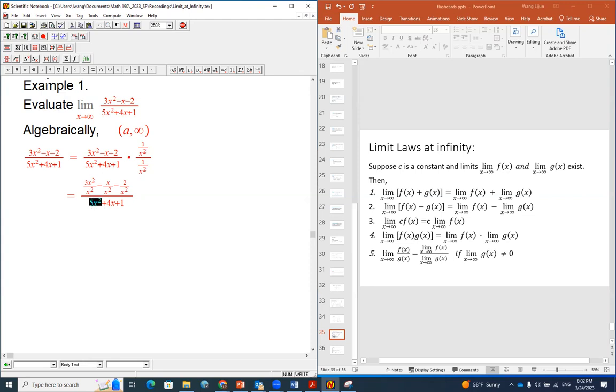We do it to all the terms from top to bottom. That is basically applying principle number 1: anything times 1 stays the same.